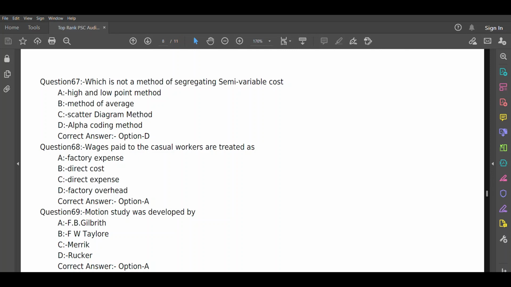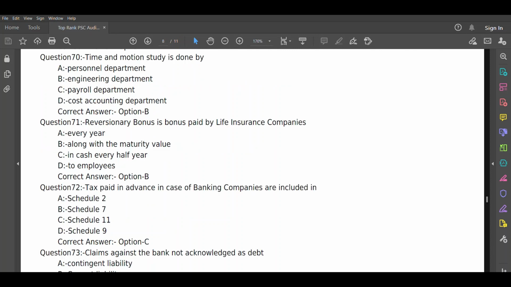Wages paid to the casual workers are treated as factory expense. Motion study was developed by F.B. Gilbreth. Time and motion study is done by engineering department.